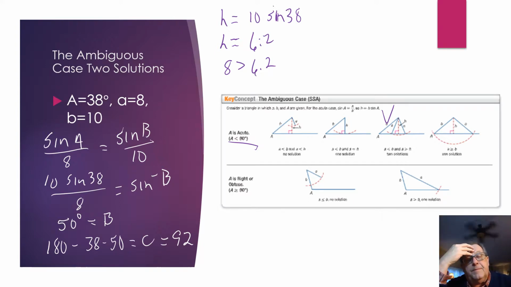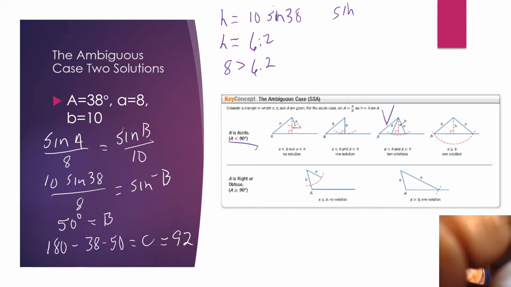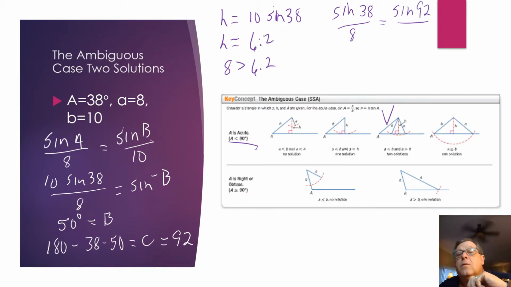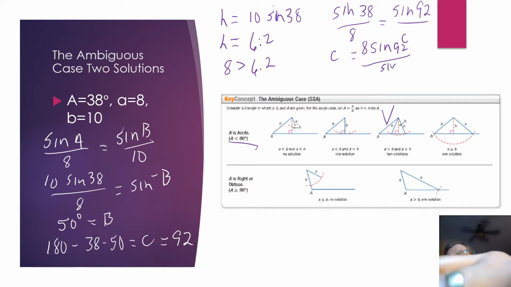Well, okay. Let's find side C. We're going to stick with what we most know, which is we've got the sine of 38 over 8 equals the sine of 92 over C. And then C is going to equal the sine of 92 times 8 divided by the sine of 38.